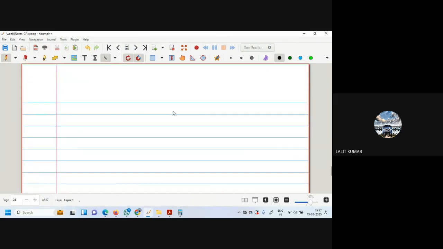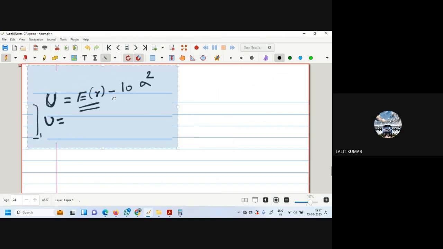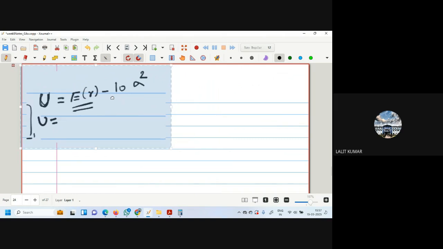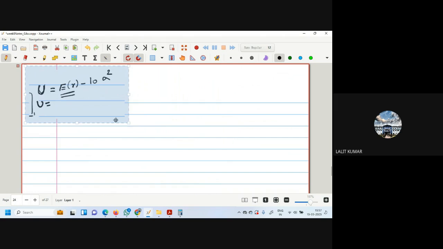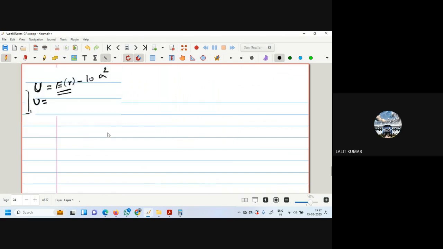You can do it in the same way: U is equal to ER minus 10 sigma square. Your ER is nothing but W into expected RD, this is the debt fund, plus 1 minus W into expected RE.